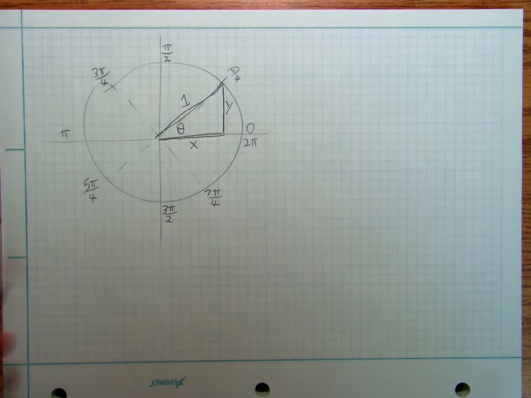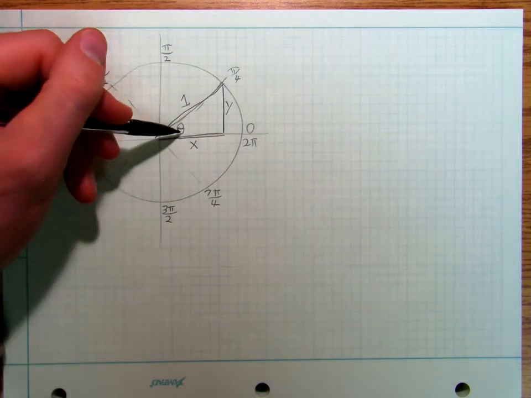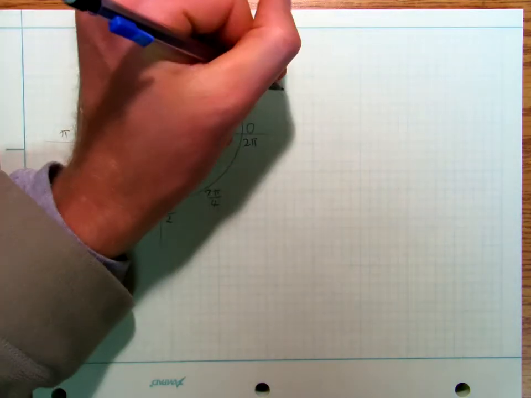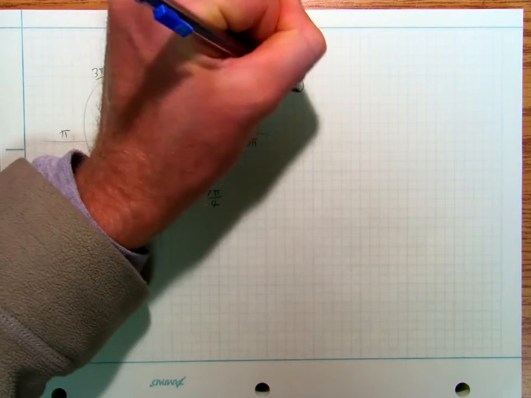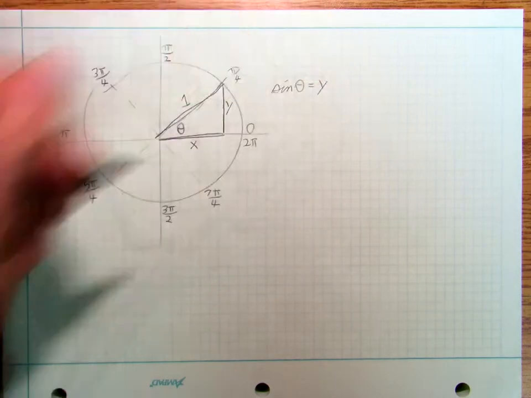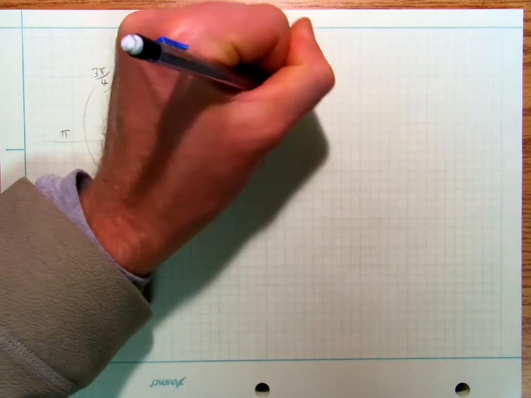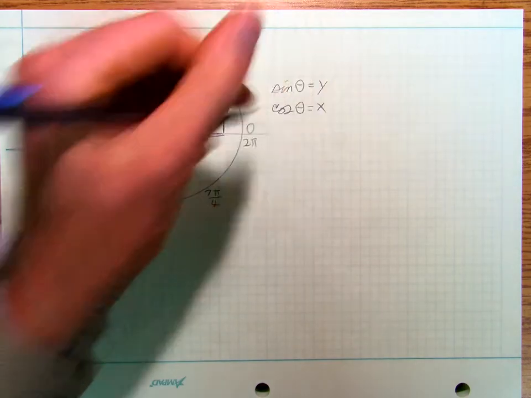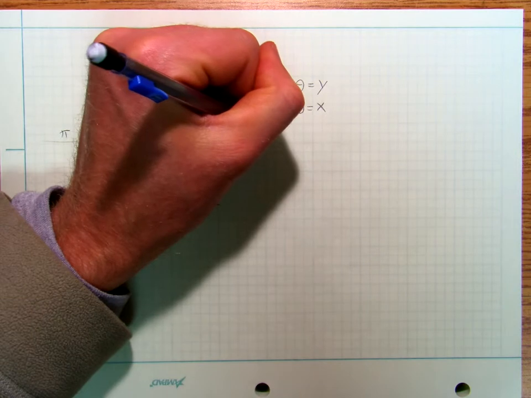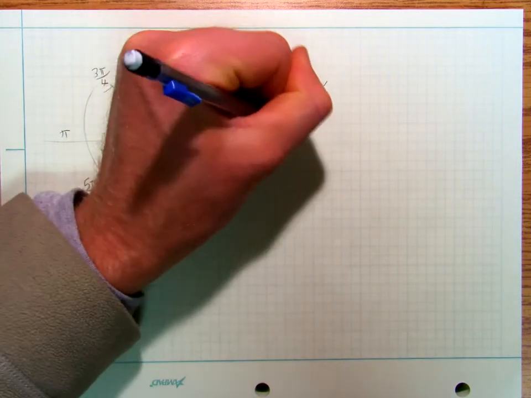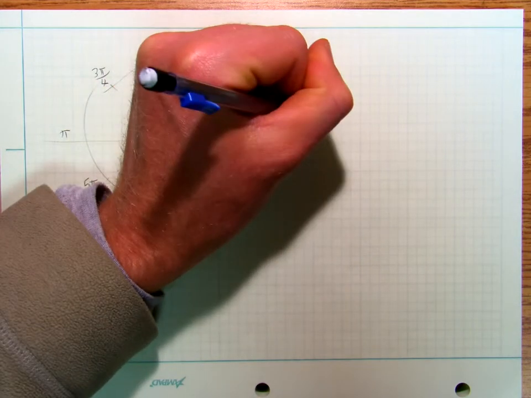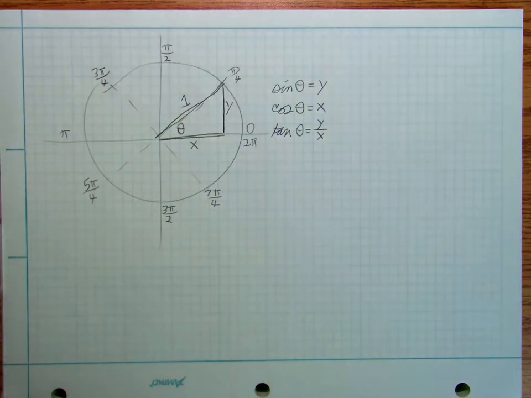And so sine of theta is equal to y, cosine of theta is equal to x, and tangent theta is equal to y over x.